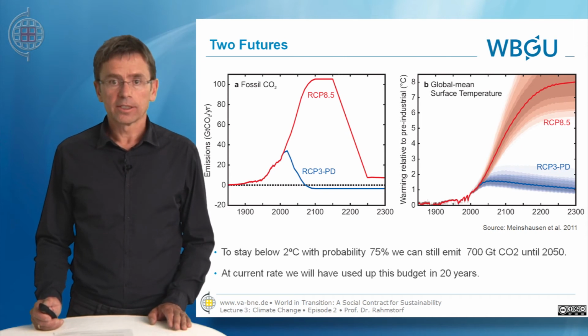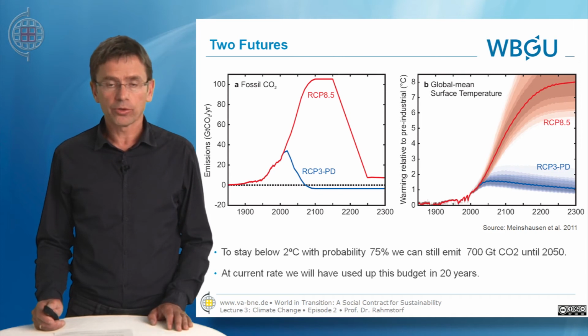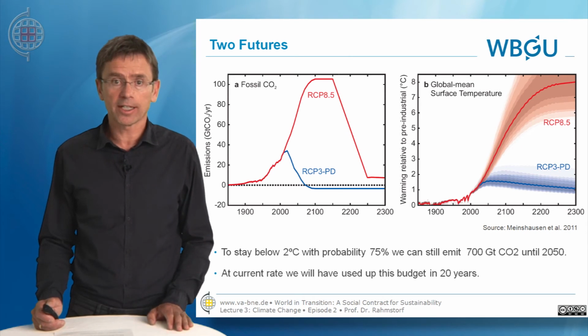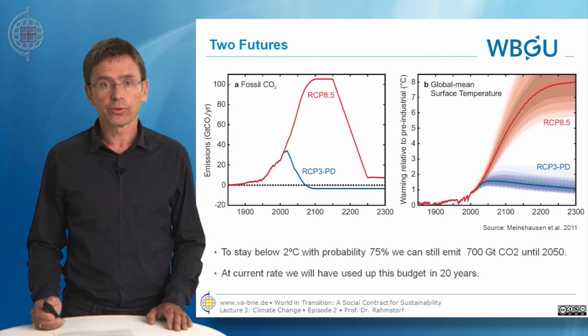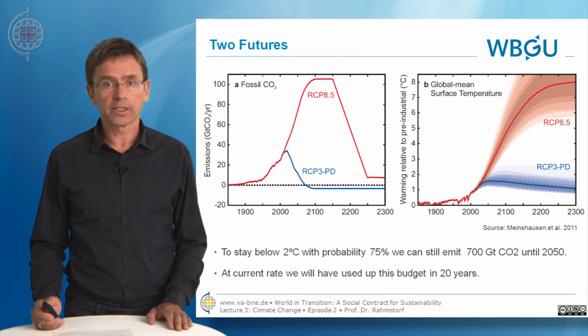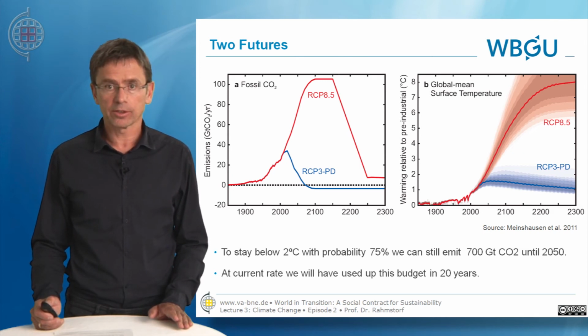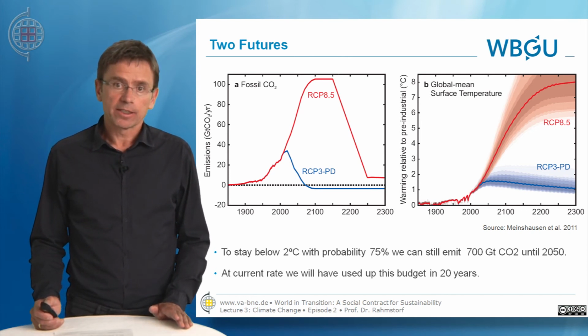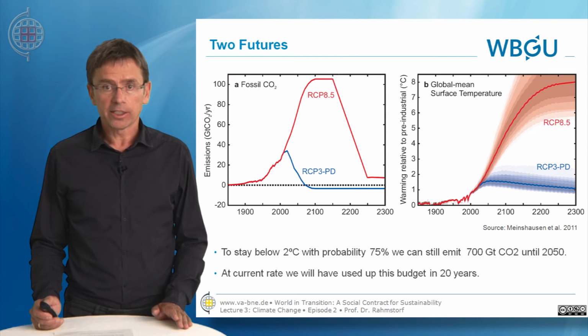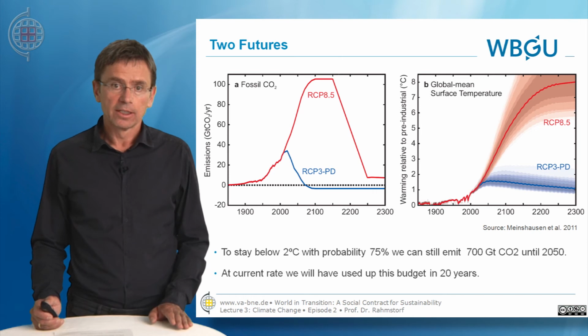The blue one keeps us with a good probability of about 2/3 below the 2-degree target, whereas the red one is a kind of worst-case emission scenario where the emissions continue growing until the end of this century before they are then leveled off and reduced. You can see there's a huge difference in temperature. That's the right-hand graph, where the unabated emissions lead us to a world with about 8 degrees global warming versus less than 2 degrees in the blue emission scenario.